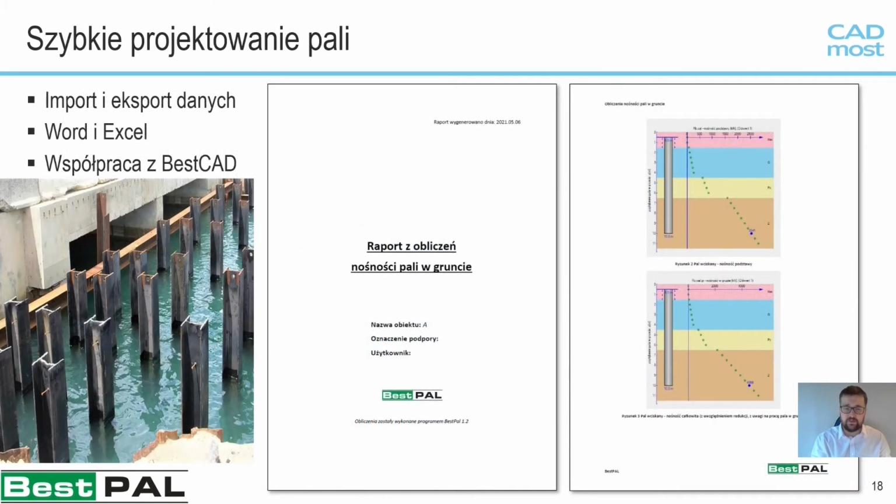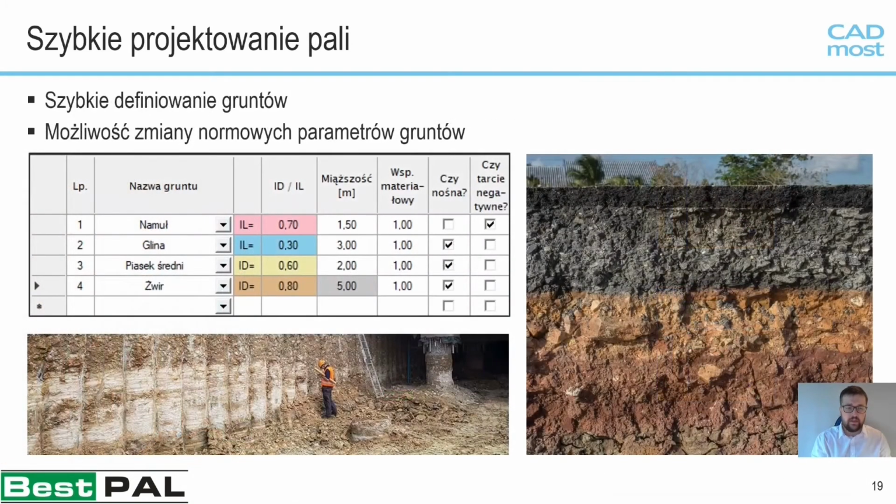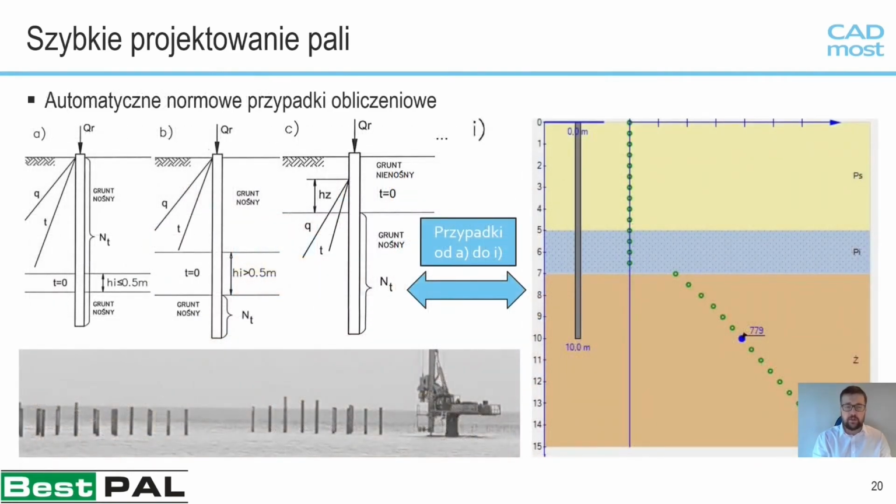And you've got a final, fully complete report of calculations, because it is easy to import and export data using Word and Excel files and cooperation with BestCAD. And very easily, efficiently, you can calculate different layers of soil, changing their details.